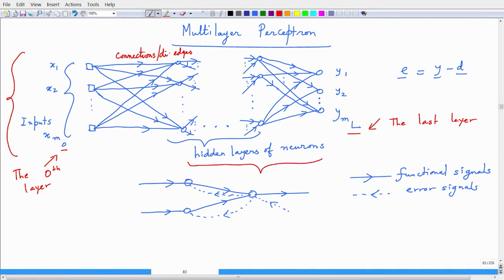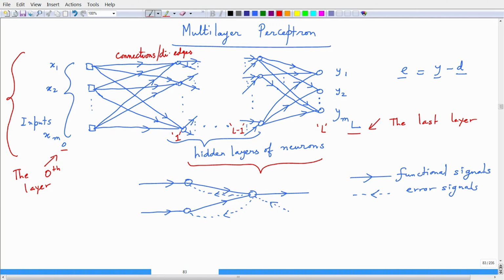So, this is layer 1, similarly you have layer 2, layer 3, so on. You may have the L minus first layer followed by the Lth layer, which comprises of the outputs.